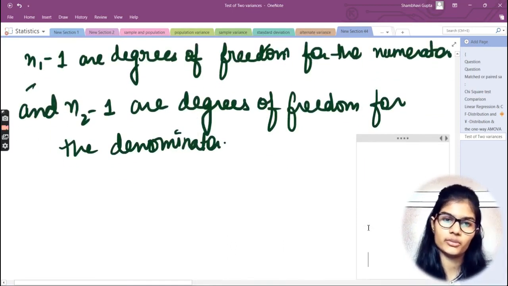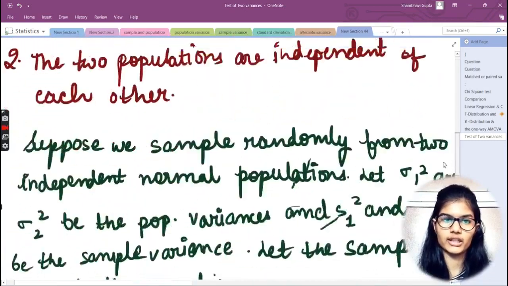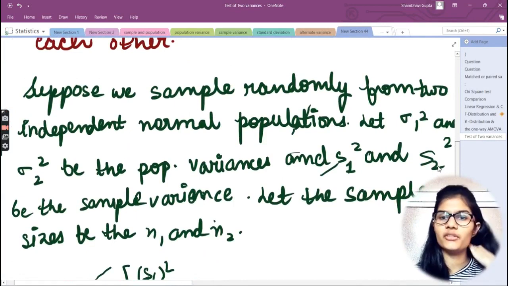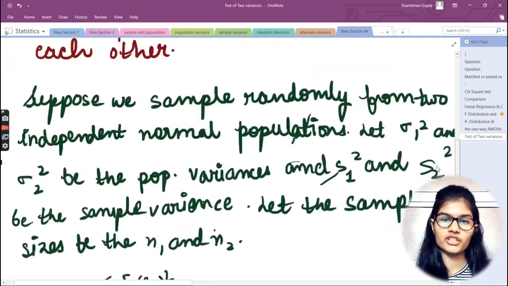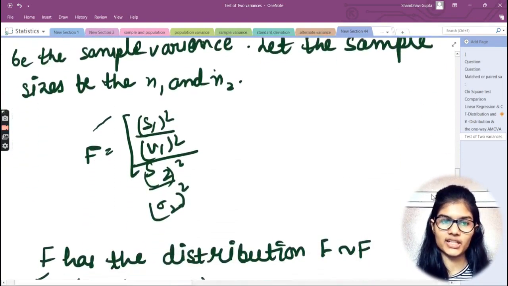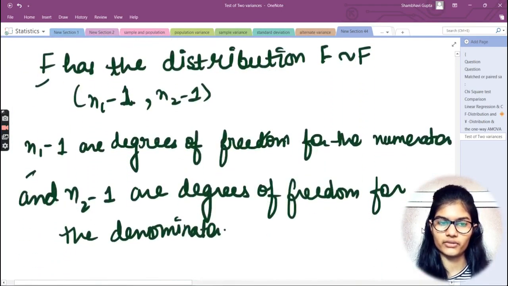So hope I am very much clear with all of those things whichever I have mentioned. So let me give you again an idea. We have taken an example that suppose we sample randomly from two independent normal populations, right? So let sigma 1 square and sigma 2 square be the population variances and S1 square and S2 square be the sample variances. Let the sample sizes be N1 and N2. So F is equal to S1 square upon sigma 1 square upon S2 square upon sigma 2 square. Fine.